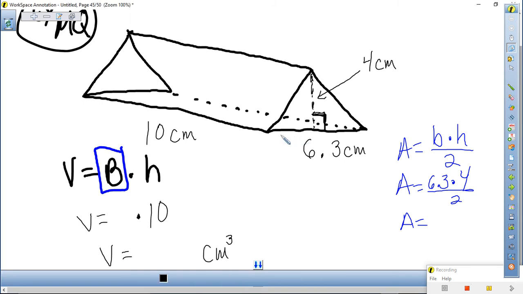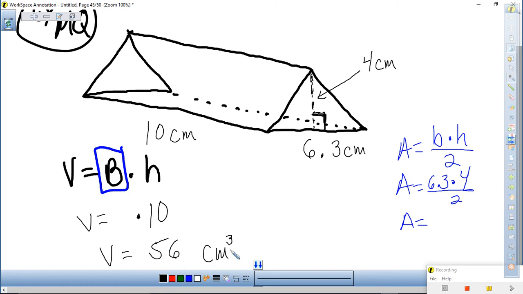He's got it. Okay. 56 for the area or 56 for the whole thing? 56 centimeters cubed. Hands if you got that. Okay.